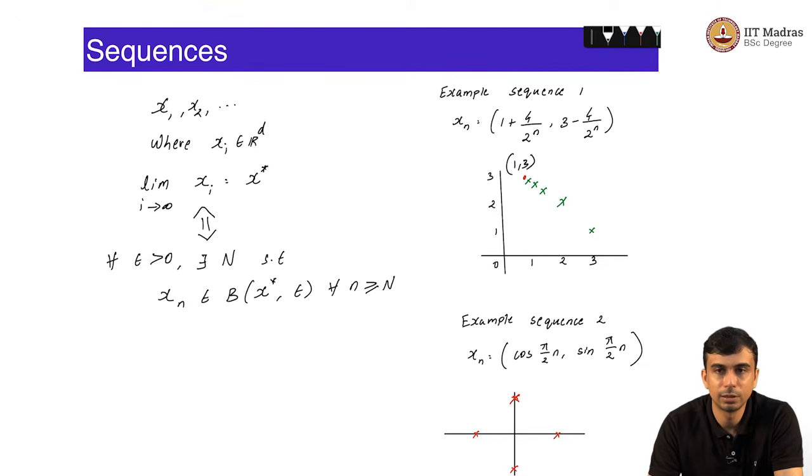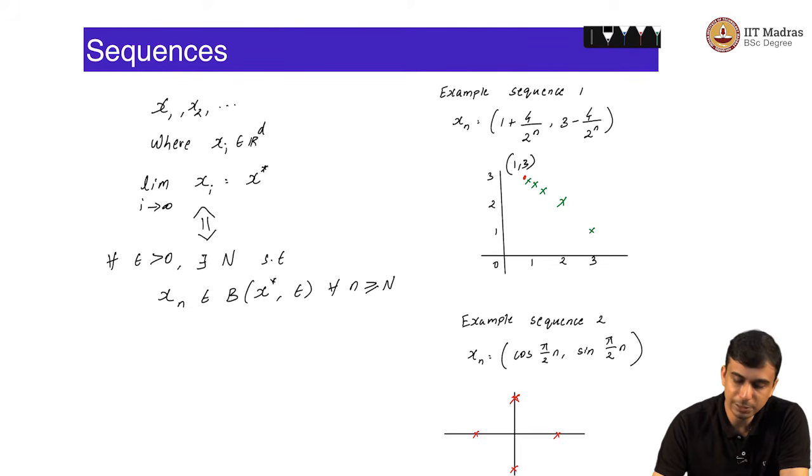You can consider a circle or a ball of radius epsilon around 1 comma 3, and eventually your sequence is going to go inside that ball and stay inside that ball. It is not going to go out of the ball at all. This is going to be true for whatever radius that you choose, as long as the radius is greater than 0.